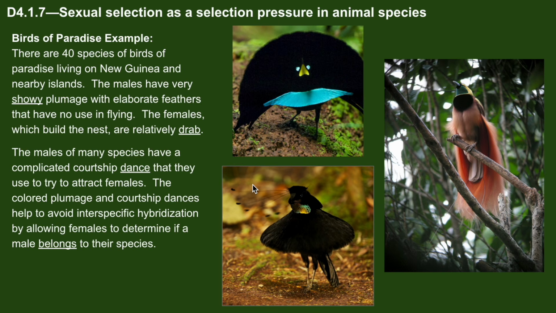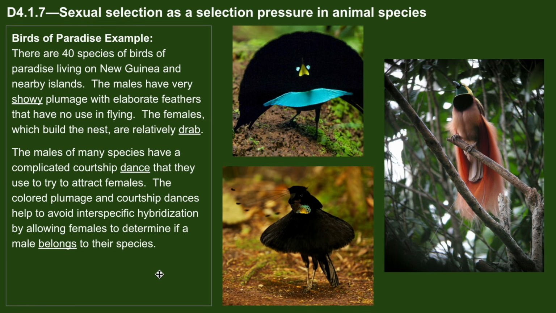The colored plumage and courtship dances help to avoid interspecific hybridization by allowing females to determine if a male belongs to their species. Now remember, if a horse and a donkey were bred, they would produce a mule. So while they would be able to produce offspring, mules are infertile because they end up with an odd number of chromosomes. And so that's a waste in terms of fitness.